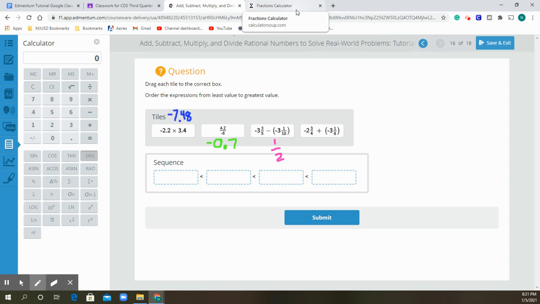When in doubt, use another tool. So what I'm going to do is I'm going to use my handy dandy Photomath app. And it's negative half.